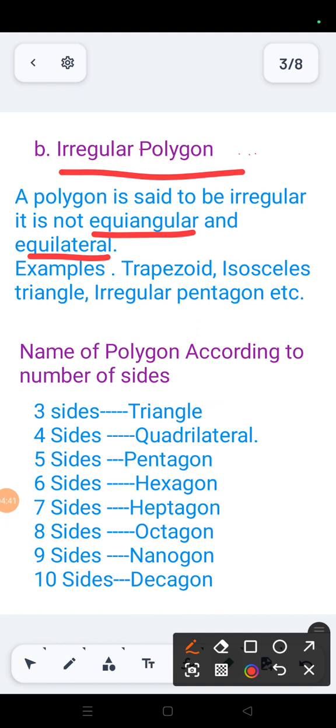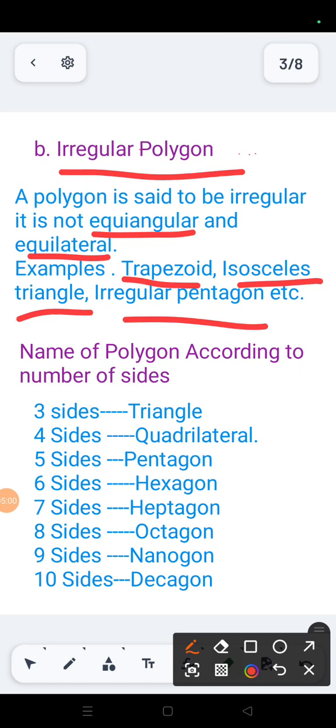So any polygon is said to be irregular if its sides are not equal and interior angles are not equal. For example, trapezoid or trapezium, isosceles triangle, irregular pentagon, etc. These are the examples of irregular polygon.